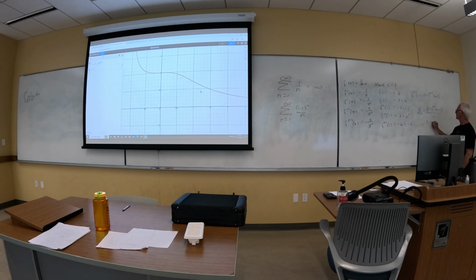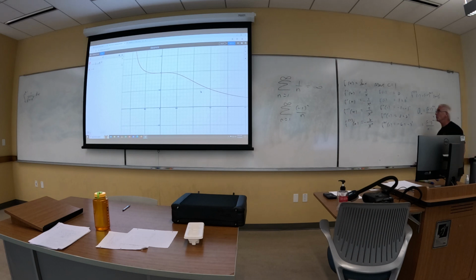Negative 1 to the n plus 1 over n. By the way, if you'd said n minus 1, that doesn't change anything. That would be fine also. It really doesn't matter, as long as you get the odd-even pattern right. That's kind of a strange looking one. Did I mess that up? Oh, I'm sorry. Yes, thank you. Over n.